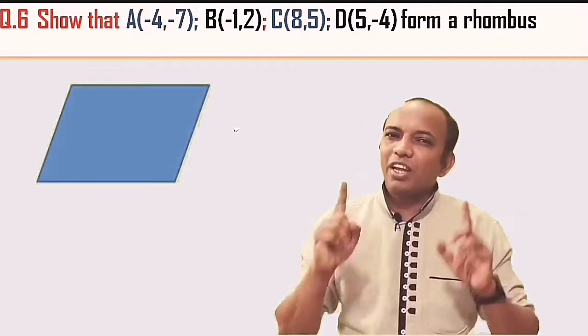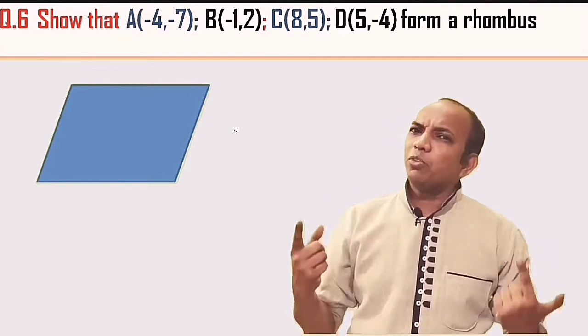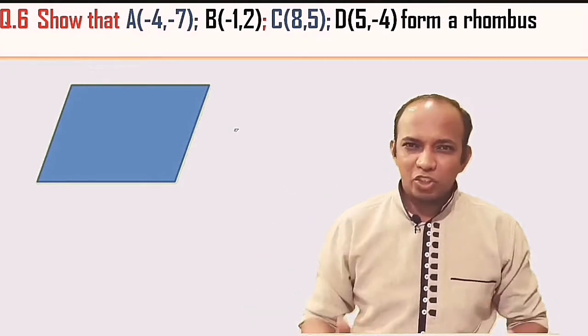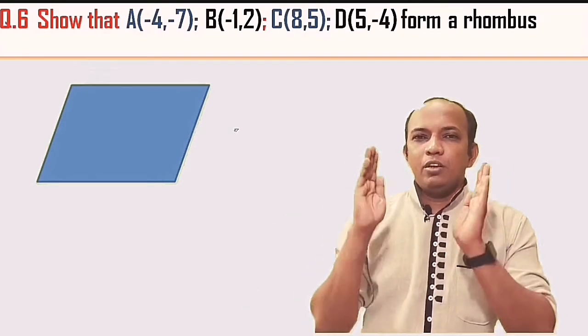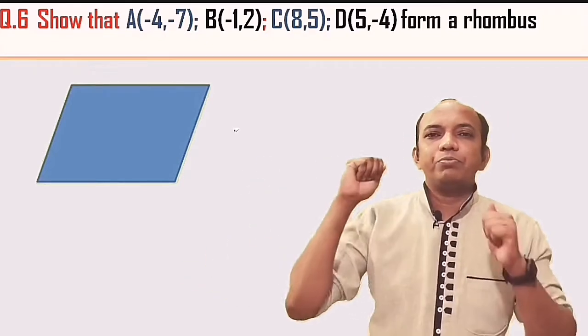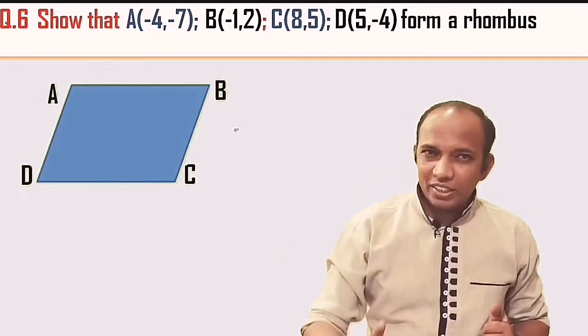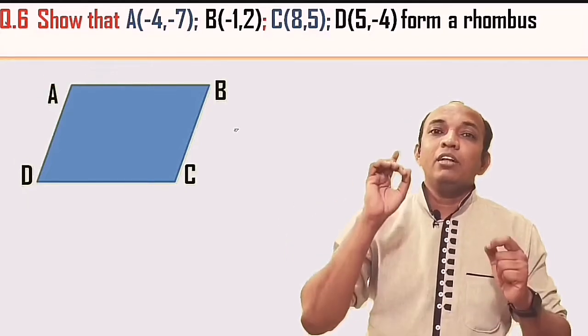Very first, here's the question on the board. We are given the 4 points A, B, C, D along with their coordinates, and I need to prove whether they are going to make a rhombus or not. For a better understanding, here is a diagram on your screen. ABCD naming is done in a clockwise direction. Don't forget that part.